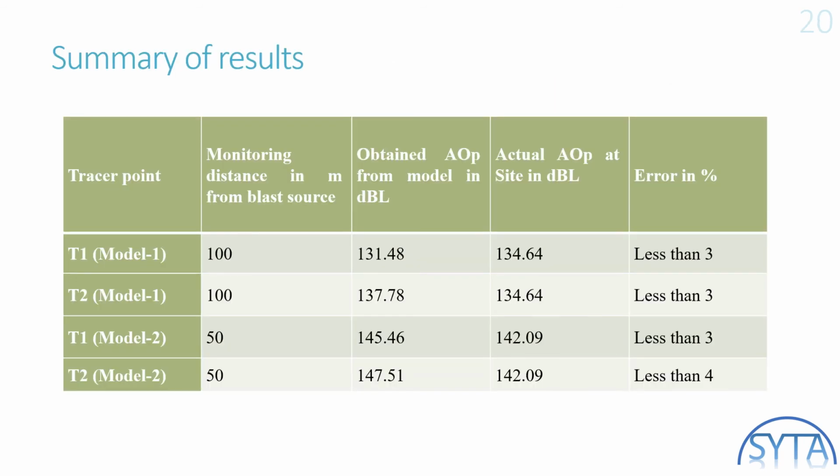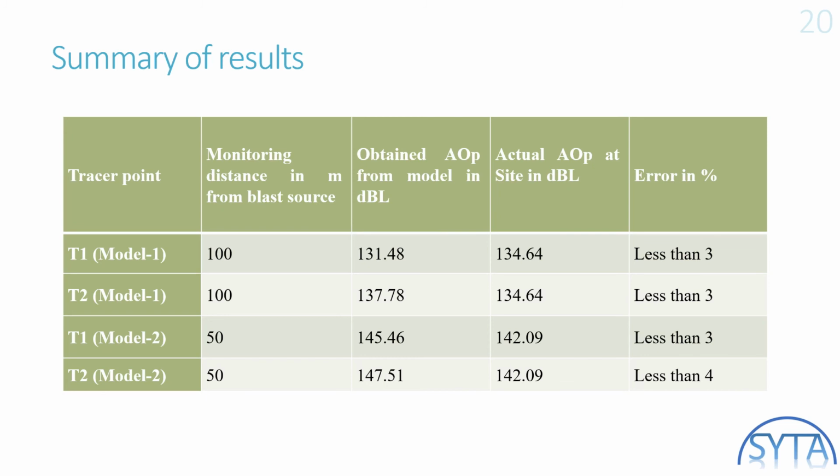This is the summary of results. In the first column, the tracer point is given: T1 and T2 are in model 1, and T1 and T2 are in model 2. In model 1, there are two tracer points, 100 meters from the blast source. We obtain the air pressure in tracer point 1 in model 1 as 131.48 decibel, and in tracer point 2 in model 1 as 137.78 decibel.